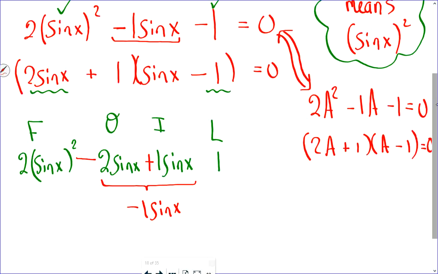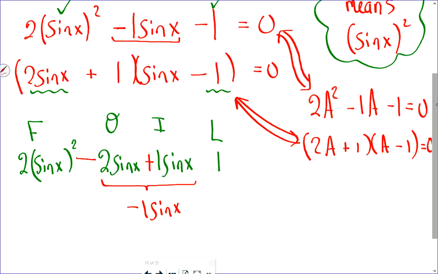And I know that for most of us, we look at this and go, it shouldn't make a difference. If you can factor this, you should be able to factor that. But it does. So what you could do is change the question to this, and then change the a's back to sine of x to get that.